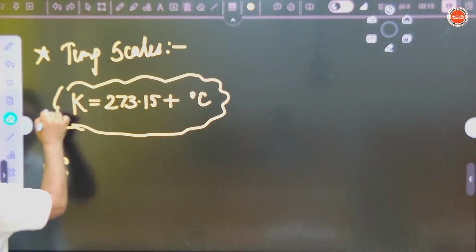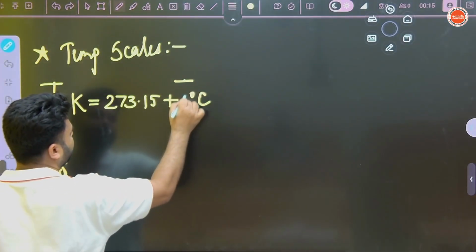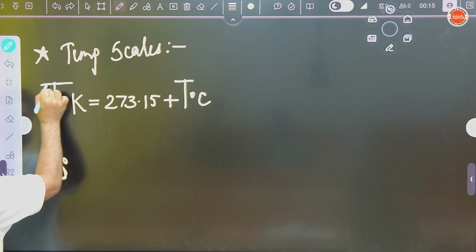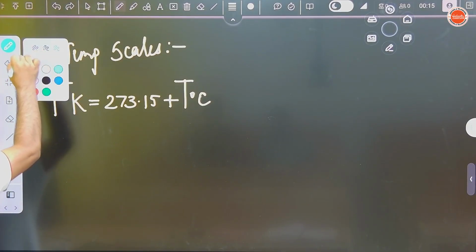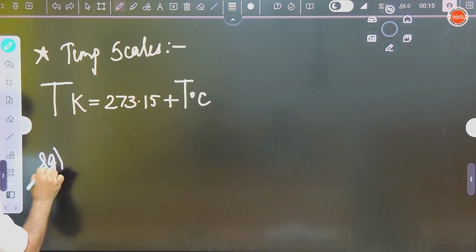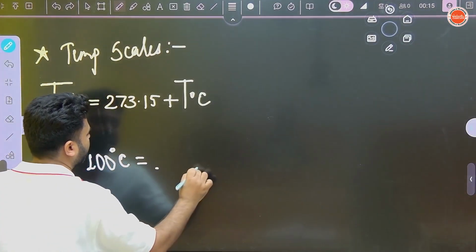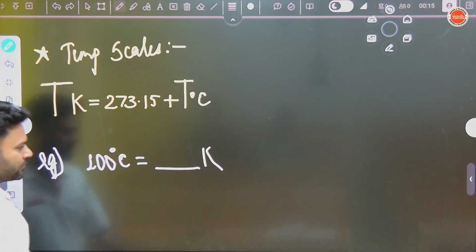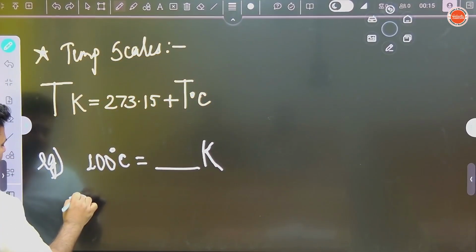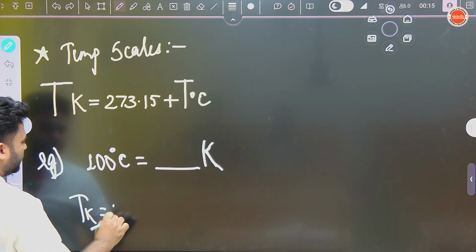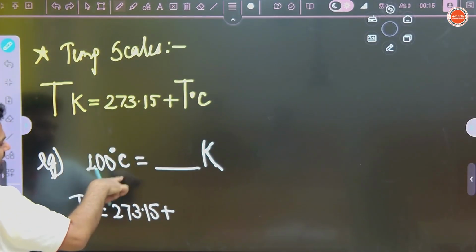I can write it like this: temperature in Kelvin equals 273.15 plus temperature in degrees Celsius.